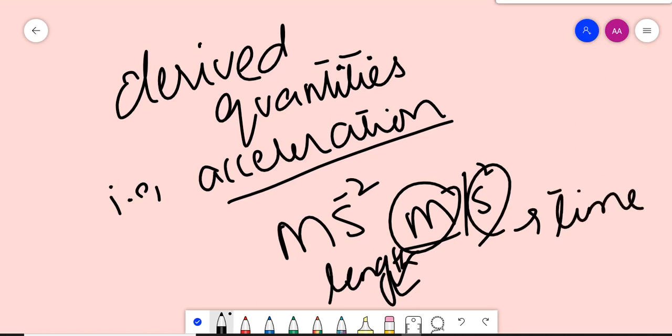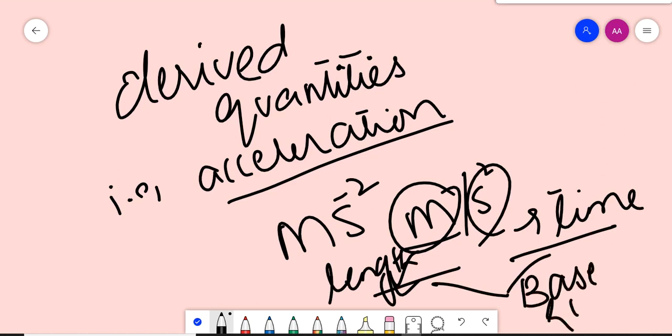As we know, length and time are both base quantities. So we can say that the derived quantities are those whose definitions are based on other physical quantities, meaning base quantities.